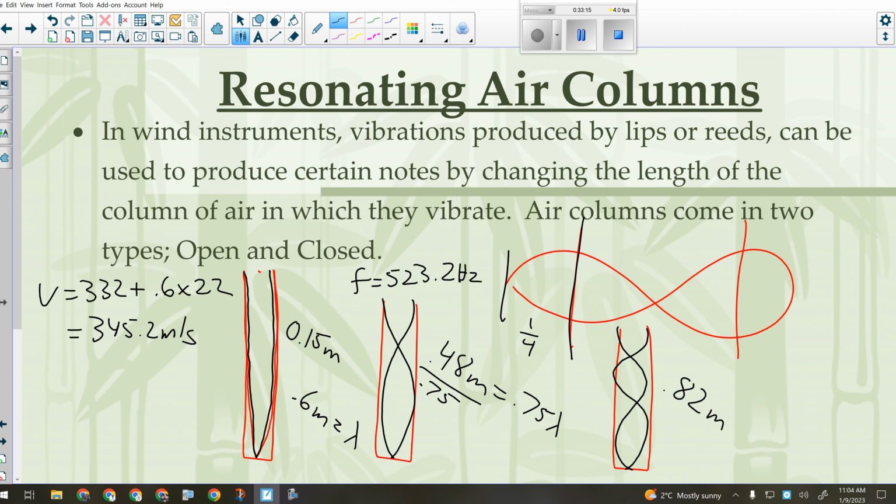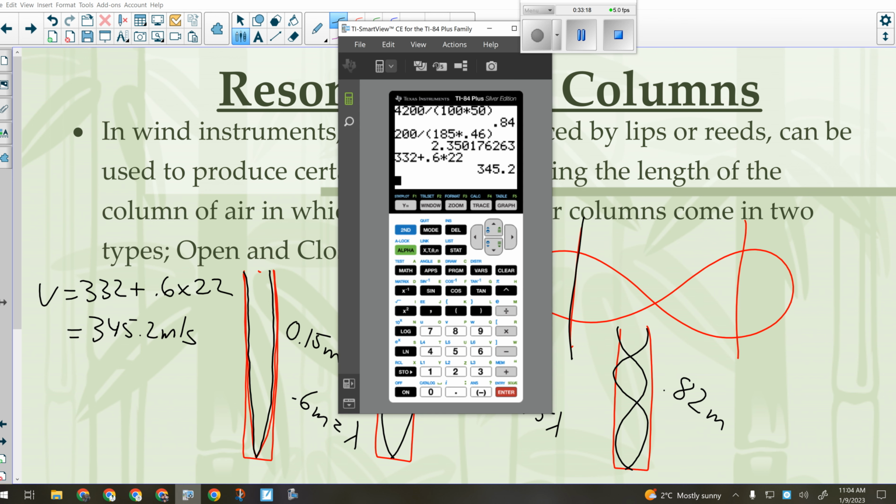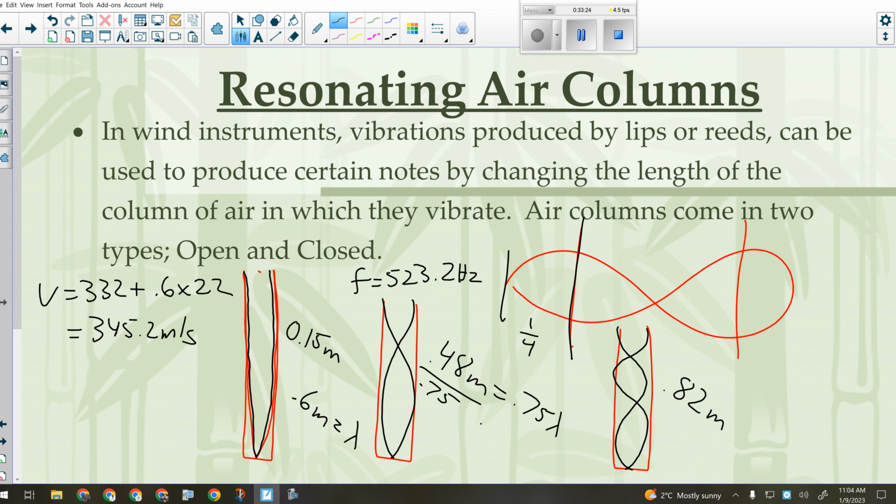That gives 0.64. And this one equals 1.25 times lambda, right? 5/4.